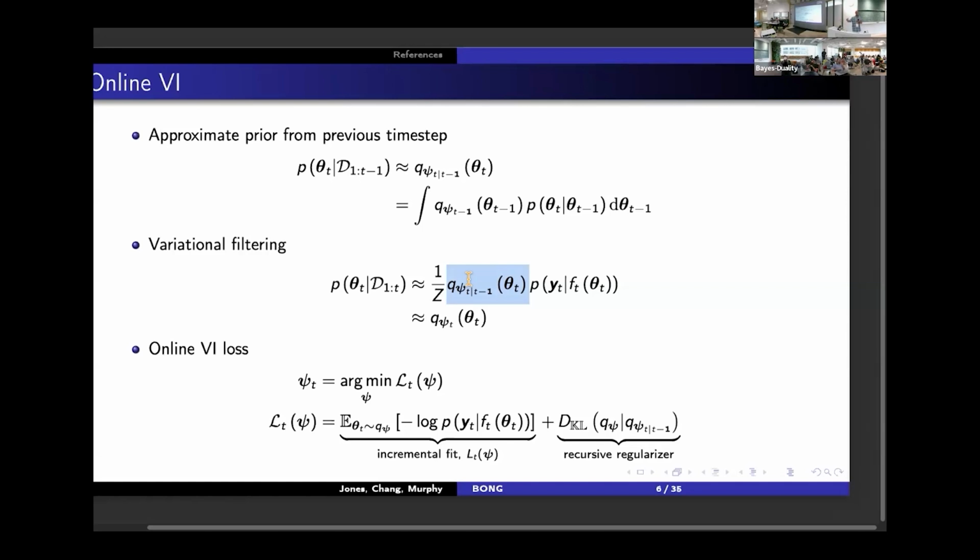So you're doing this KL projection at every step, rather than a single time as you would in a batch setting. Moreover, the ordering of the data will matter. Presumably you have poorer representation of earlier observations, not because of any dynamics, but just because they've been subjected to more of these KL approximations.